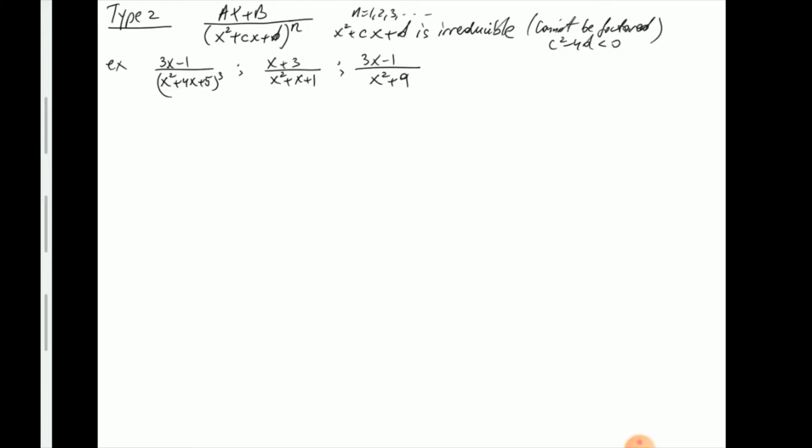But for now, I just want to point out how one actually gets to integrate these types of partial fractions. If you look carefully, you'll probably realize that some of them are much easier to integrate than others, although none of them is as easy as the previous one. So we still know how to integrate partial fractions of type 2, but there's a little bit more work involved in doing this.